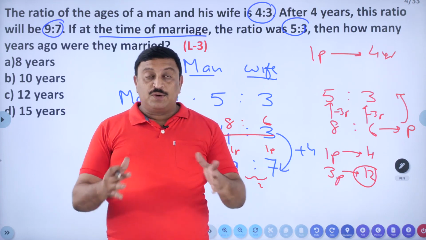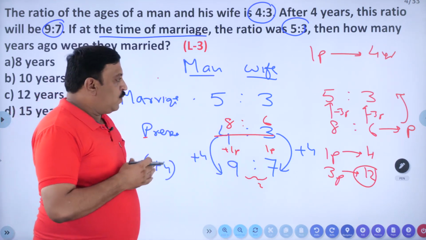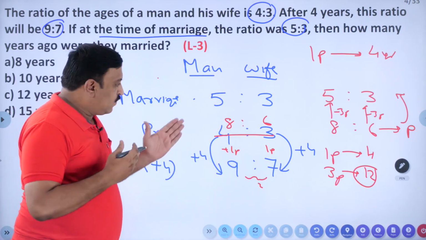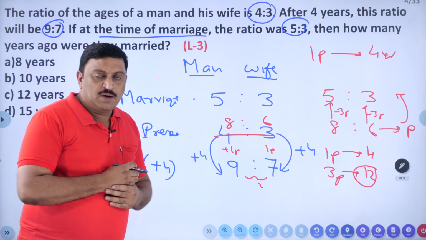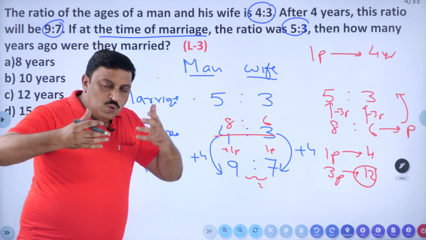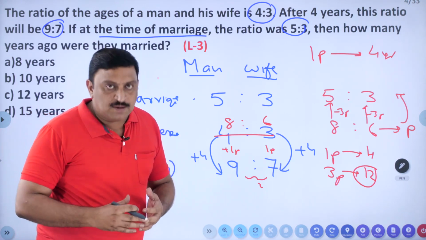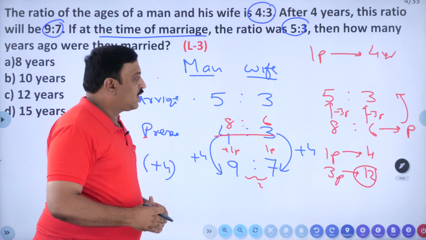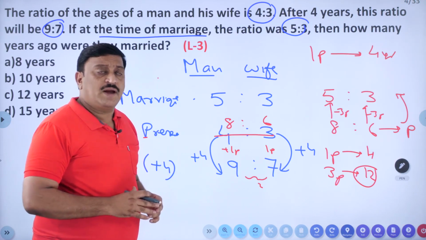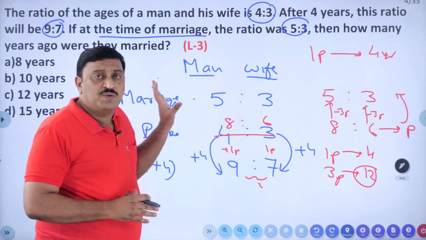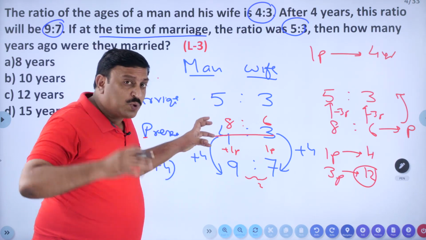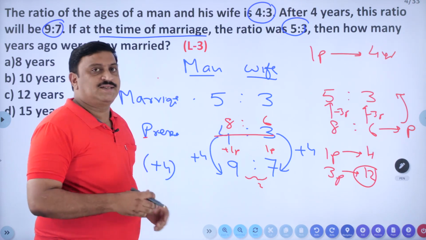Understood? So see how logically we are doing all these things. Don't you feel a new pattern and a new style of thinking? Definitely you think like this. So this is the way you have to use ratio and proportion in arithmetic.